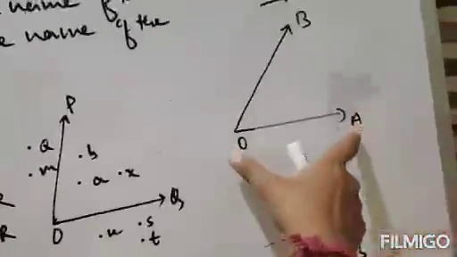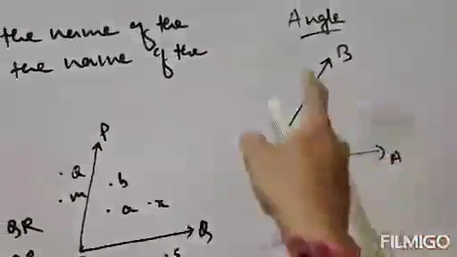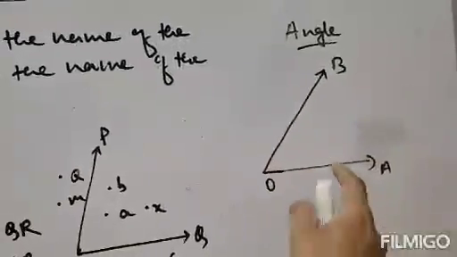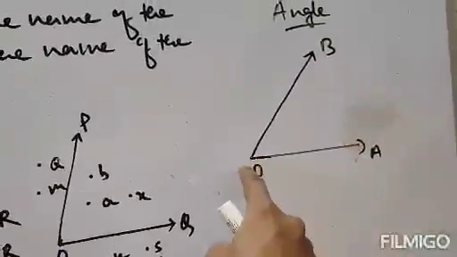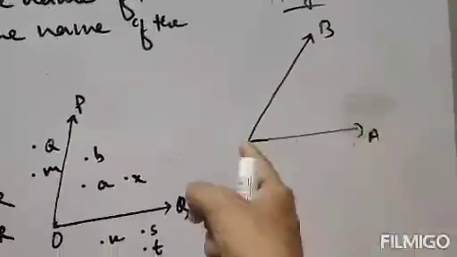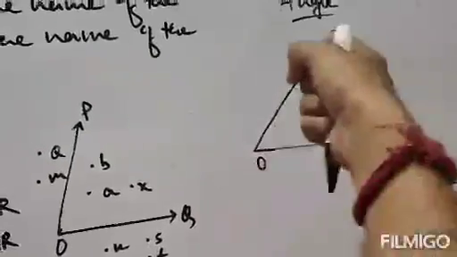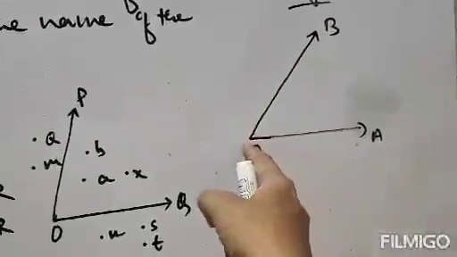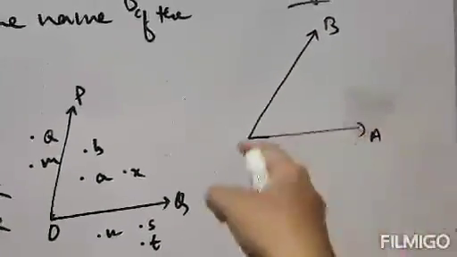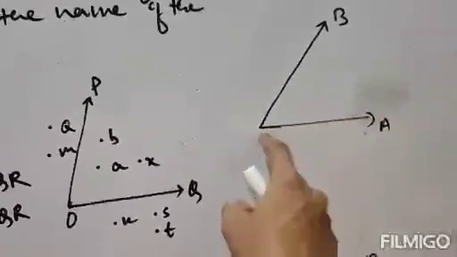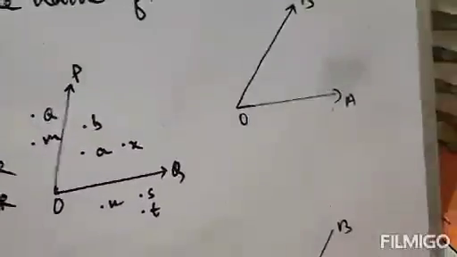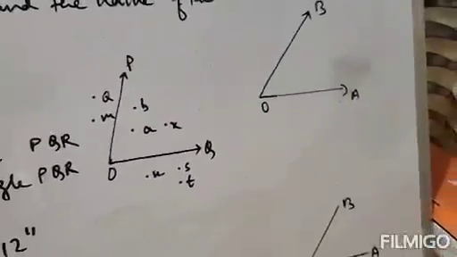This ray OA and this ray OB, both of these rays start from the same fixed point, that is O. OA ray starts from fixed point O and OB ray also starts from fixed point O. That is, when two rays start from the same fixed point, here O, then they form an angle. Clear?